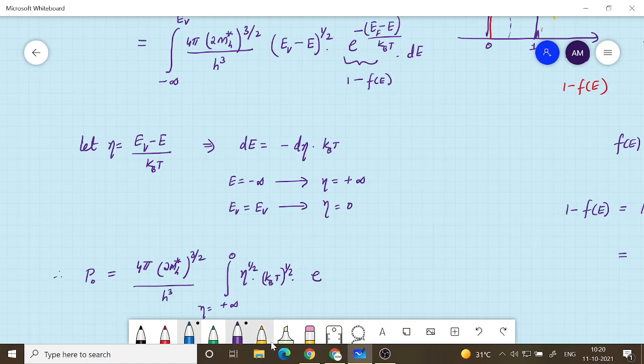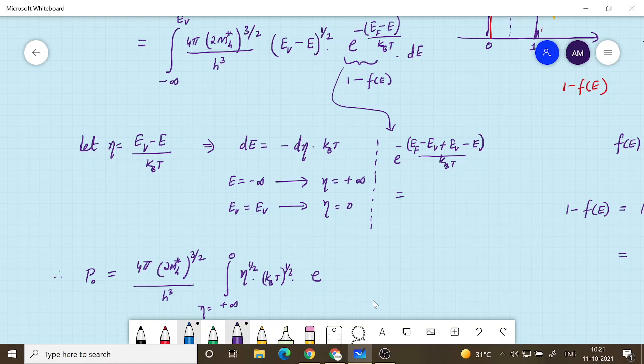Let me also show what happens to that expression. That expression is basically e raised to minus EF. I need to bring EV into the scene, so I will write minus EV and then plus EV, divided by kBT. So this expression I am taking and rewriting like this.